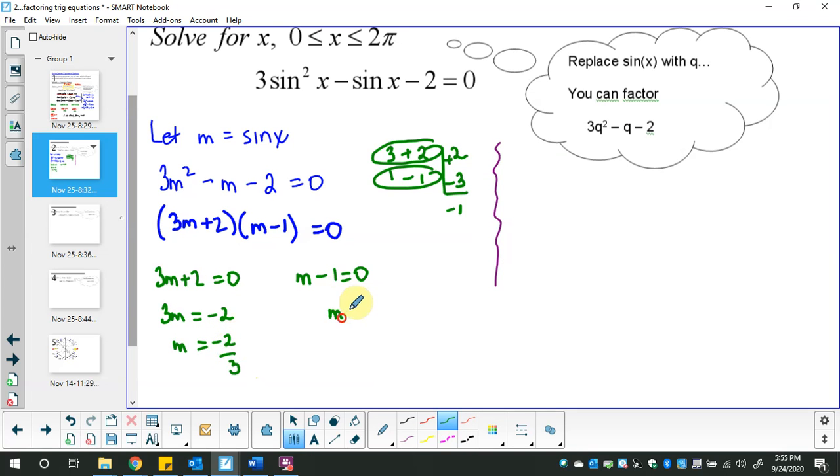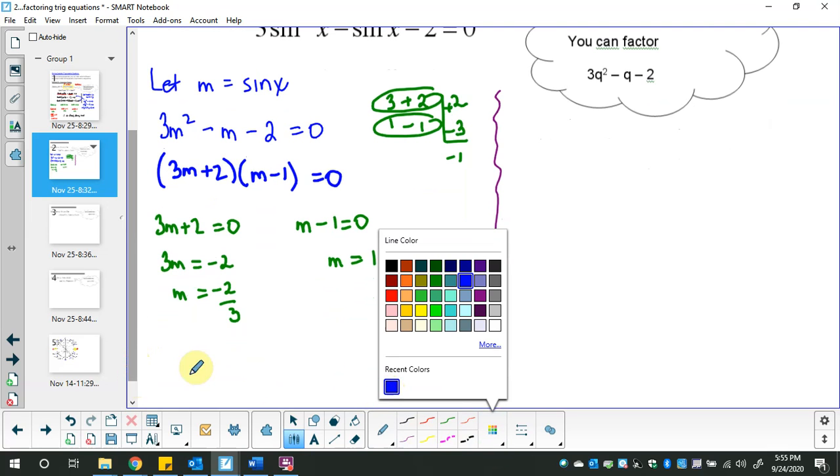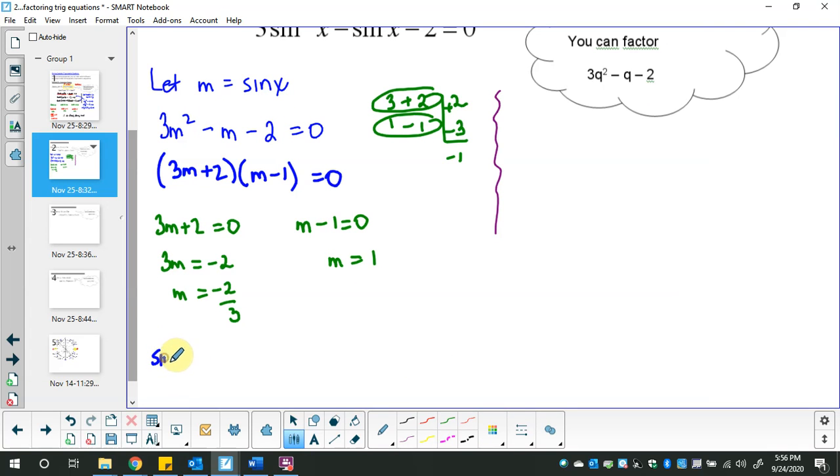This one is m equals 1. So that's a quick one. So we end up having to get answers for, remember what we let m equal, sine x. Sine x is equal to negative 2/3. And then we also have to go searching for sine x is equal to 1.